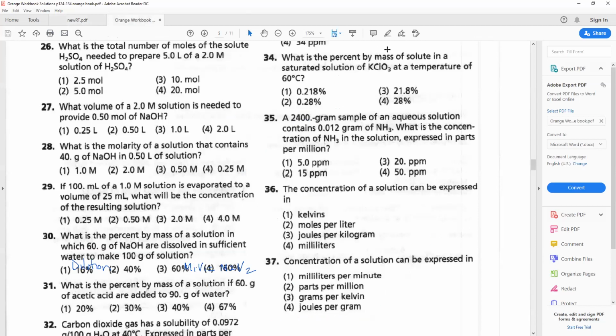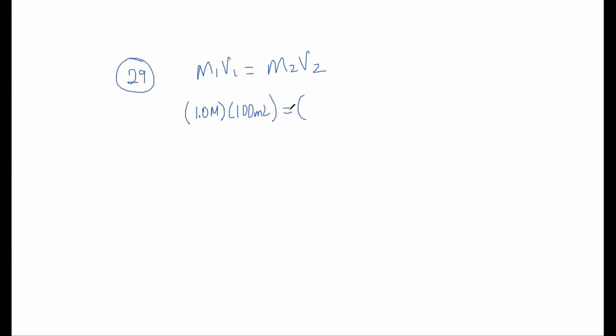So let's go to our question, and let me clear so that we can see. We're going to do question number 29. We need a little bit more room, so we're going to go to a blank page. We're going to use M1V1 equals M2V2. They're telling us I have 100 milliliters of 1 molar solution, which is equal to the concentration of the new solution if I have 25 milliliters.